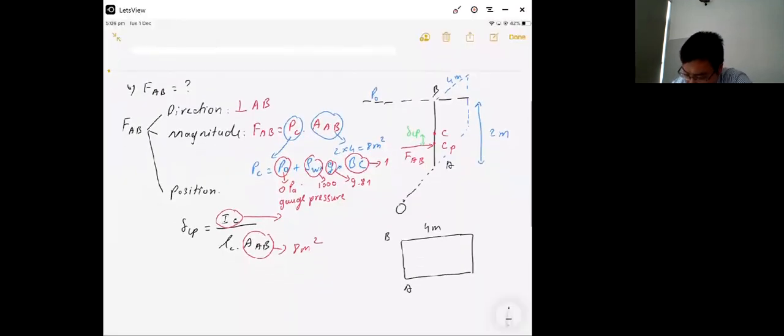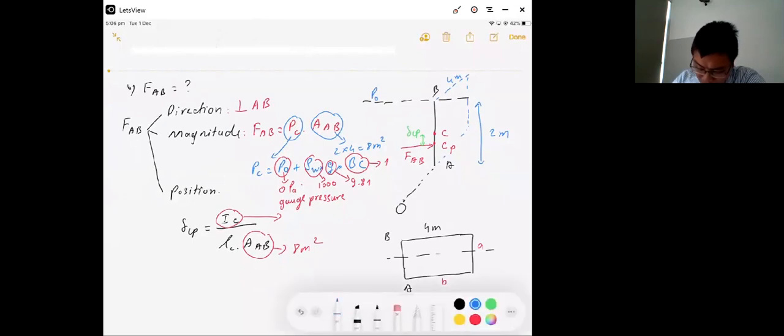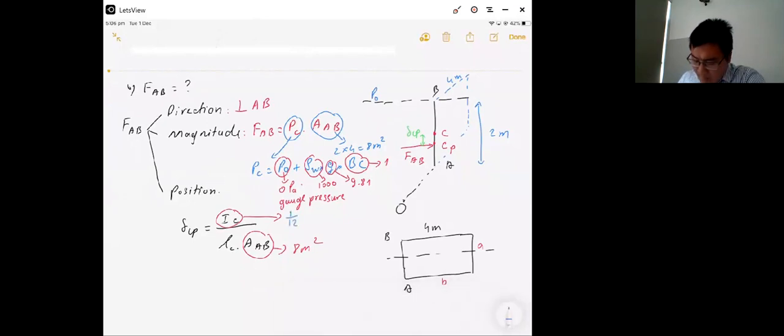This one is the X direction. This one is B, this one is A, based on the figure on the course note. So IC in this case will be equal to 1/12 times B, which is 4, times A to the power 3, where A, or AB, is 2 to the power 3.